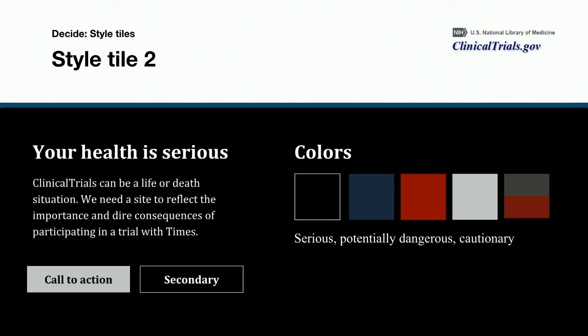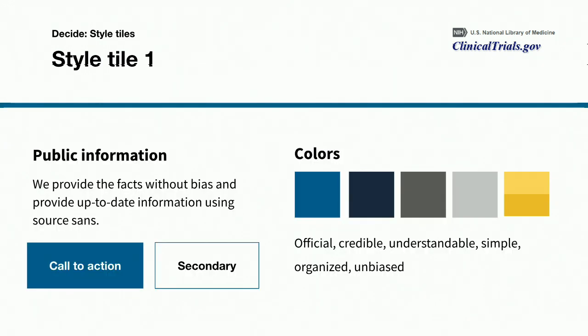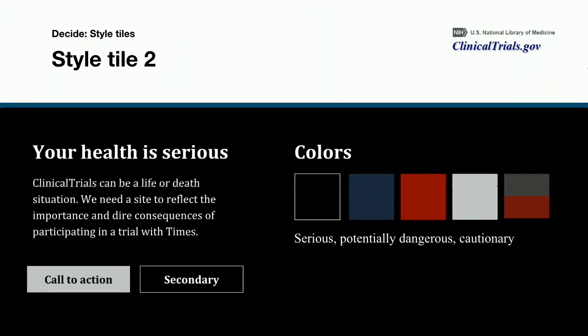And an example of how you can see the stark contrast is this style tile, where we're going for a more dire and cautionary tone, which is absolutely not what we went with. But this is just to get you thinking about how you can really set the tone of the visual design just using a style tile.